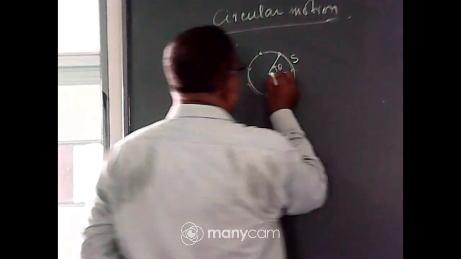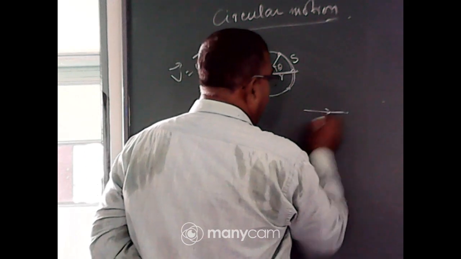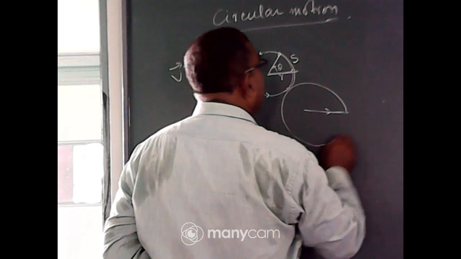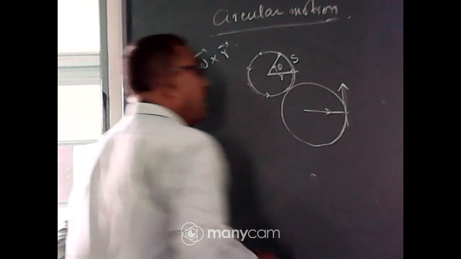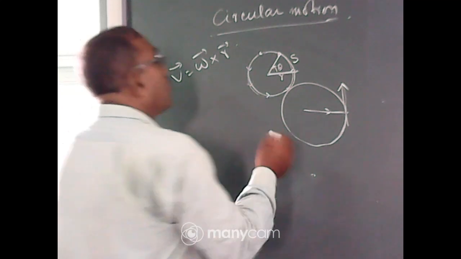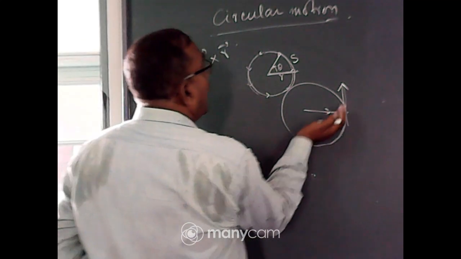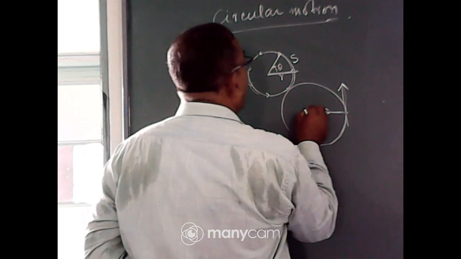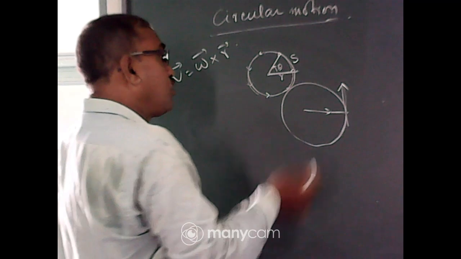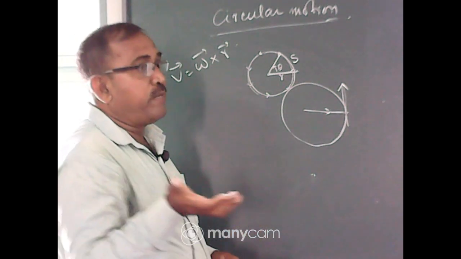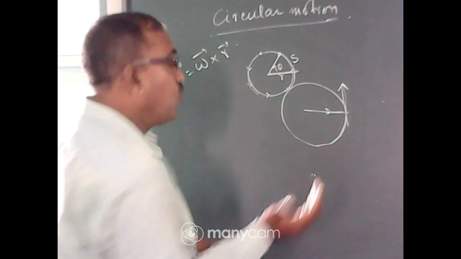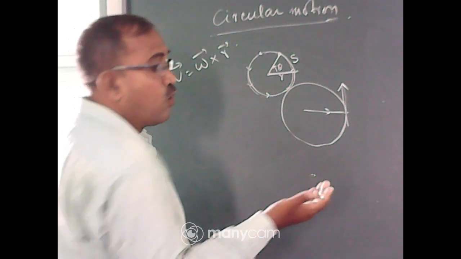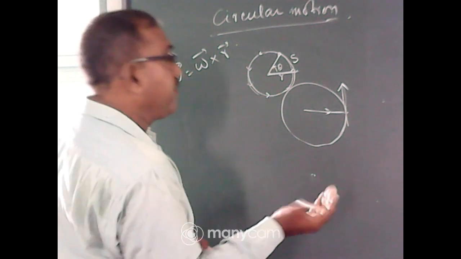Suppose you consider this is r, a radial vector. The velocity direction is this, at the tangent. So what will be its omega? R is in this direction, v is in that direction, omega is in that direction. So omega is onward the board. You consider here omega cross r. If you consider this is omega and this is r, omega cross r, that direction is v.